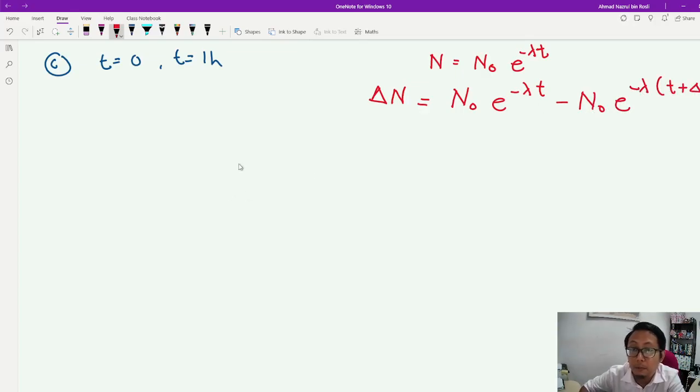We can factorize N naught exponential minus lambda t, giving 1 minus exponential minus lambda delta t.